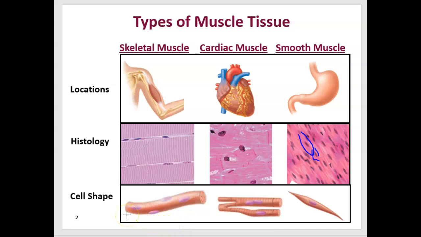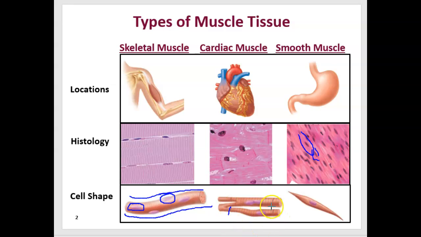Skeletal muscle cells are the largest. They can range from 1 millimeter to a few centimeters long, and they're elongated. They're also multinucleated, so you'll have many nuclei. And this is because during development, many cells fuse together, but this is considered one cell. And cardiac muscle cells, or myocytes, are branched.